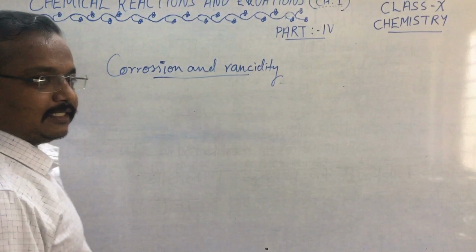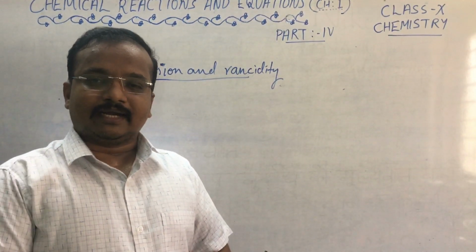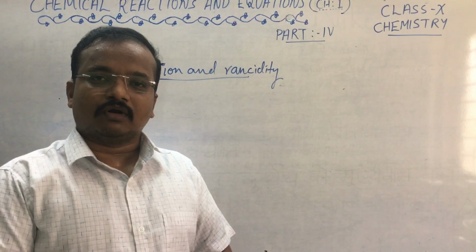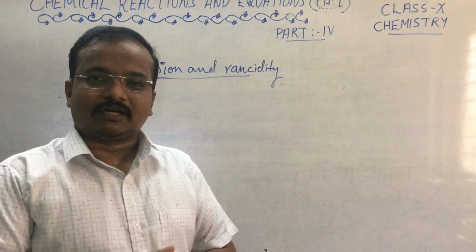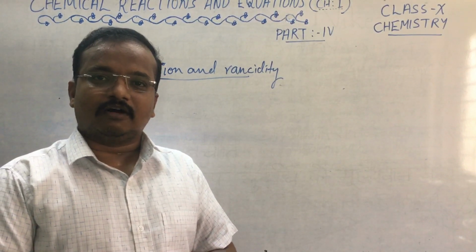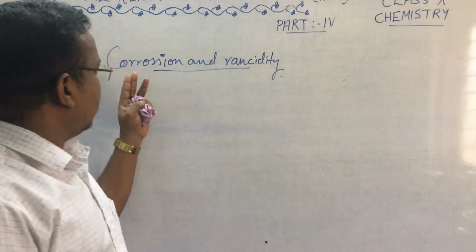What is corrosion and rancidity? Corrosion you might have studied many times. Iron articles kept for a long time, what happens? Some sort of brownish colored flaky substance forms on the surface of iron. That process is called corrosion.